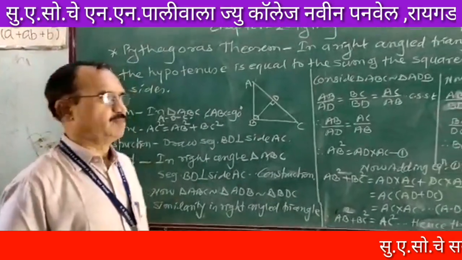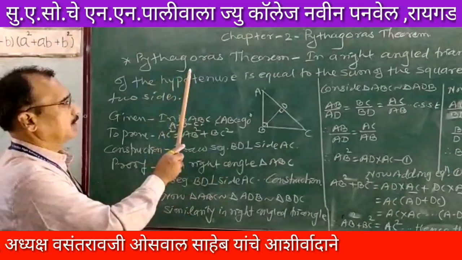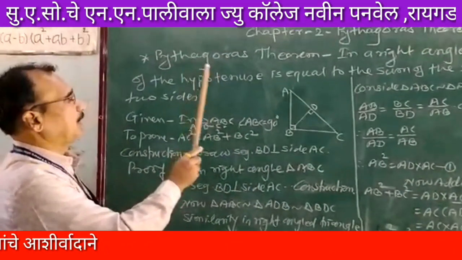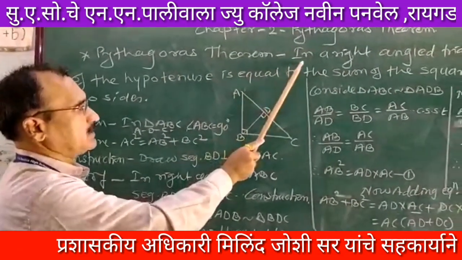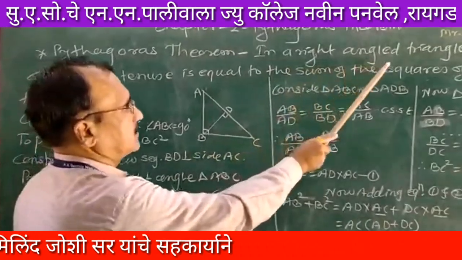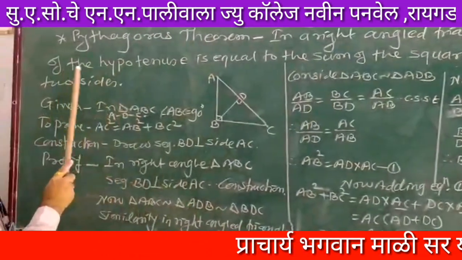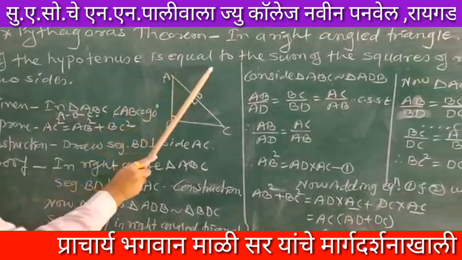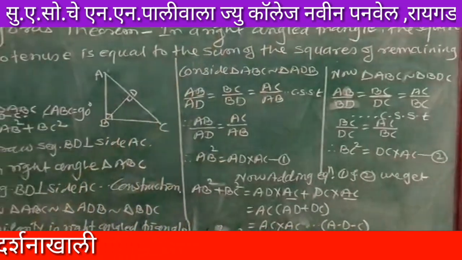After the properties of right angle triangle, there is one important theorem according to board exam, Pythagoras theorem. The statement of this theorem is: in a right angle triangle, the square of the hypotenuse is equal to the sum of the squares of the remaining two sides.